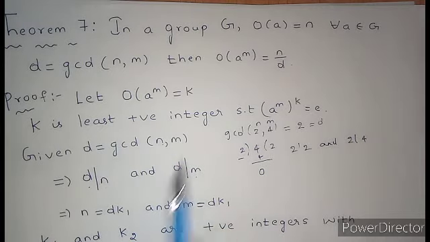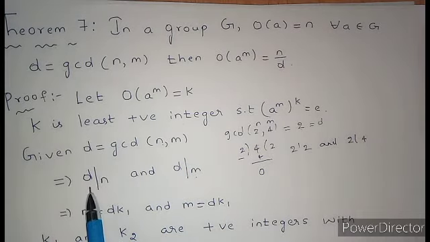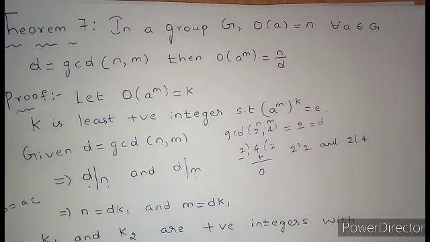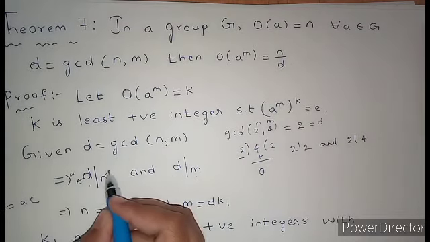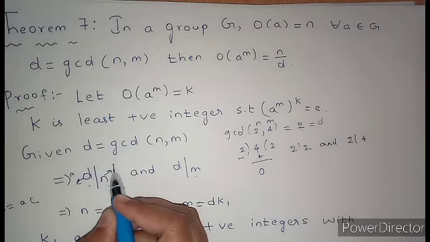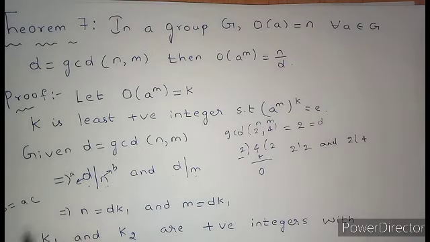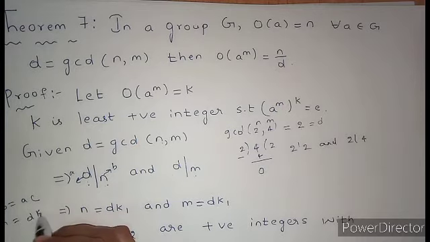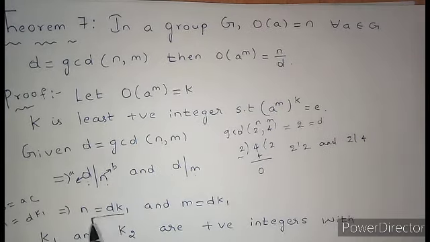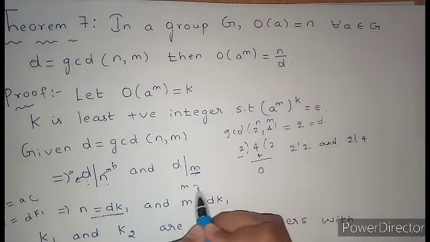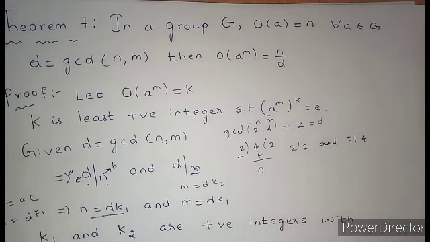GCD always divides n and m. Now here d is dividing n. That means if a divides b, then there exists an integer c such that b is equal to ac. Likewise here a is d and b is n. In place of b we have n, in place of a we have d, and c is some constant. Let it be k1. So n is equal to dk1. Likewise m is equal to dk2.